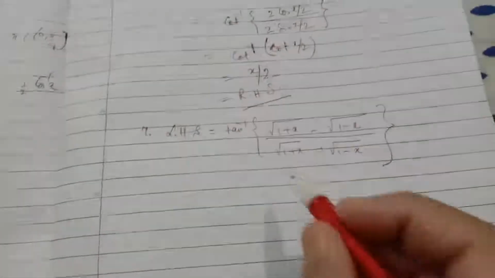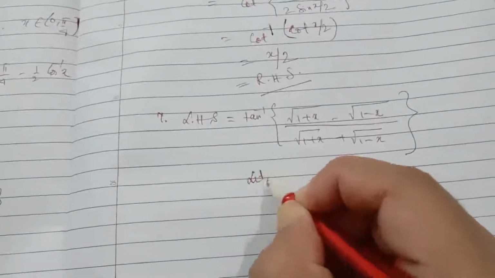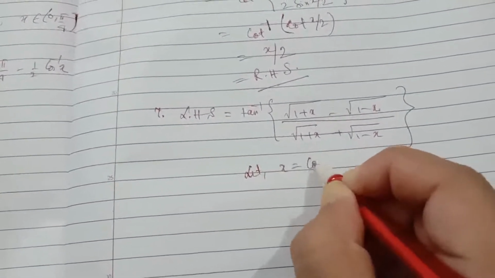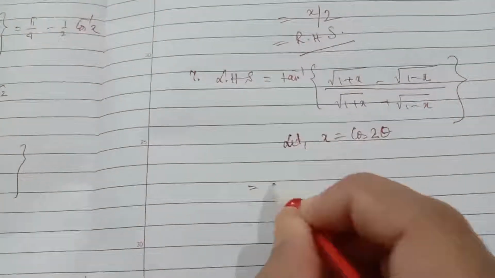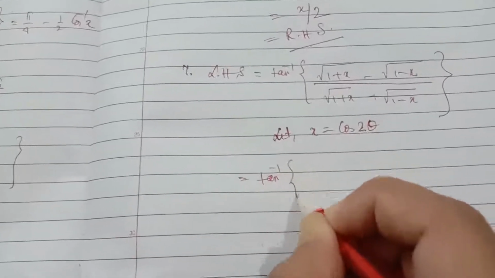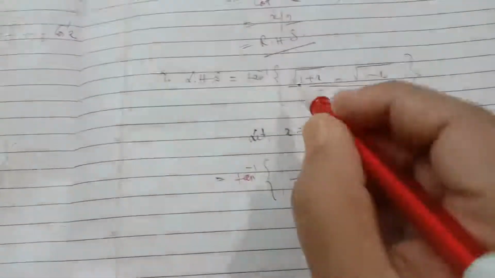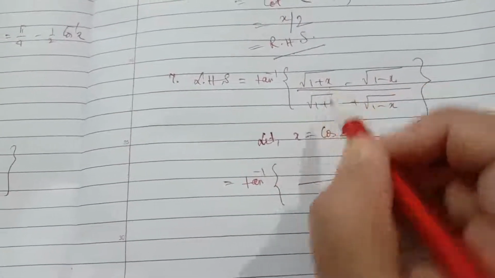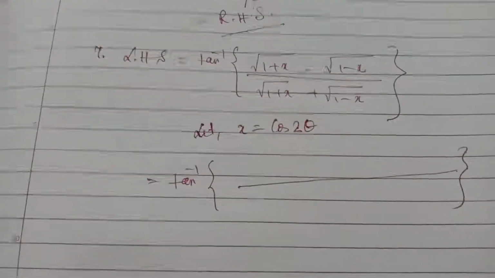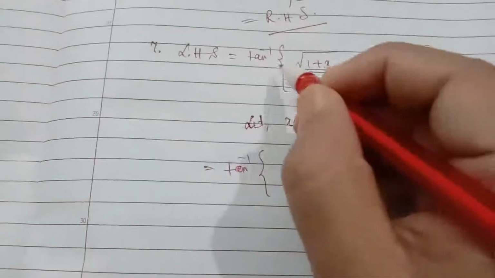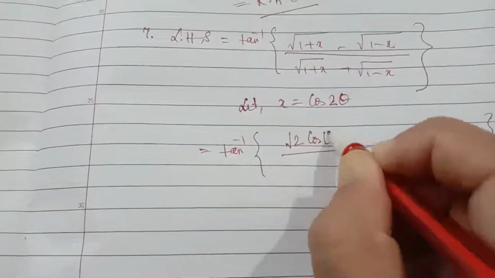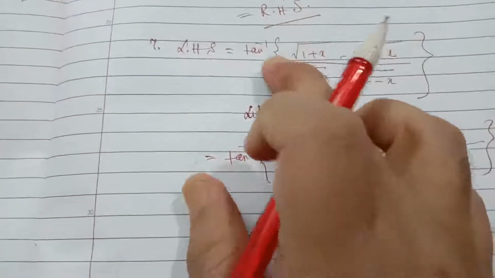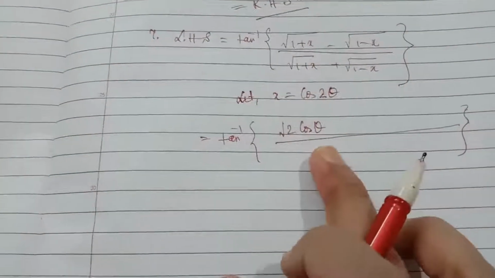Cos inverse of x. Let us put x equal to cos 2 theta. Now if we put x equal to cos 2 theta, this will become 1 plus cos 2 theta. 1 plus cos 2 theta is 2 cos square theta, and root over 2 cos square theta will become root 2 cos theta.